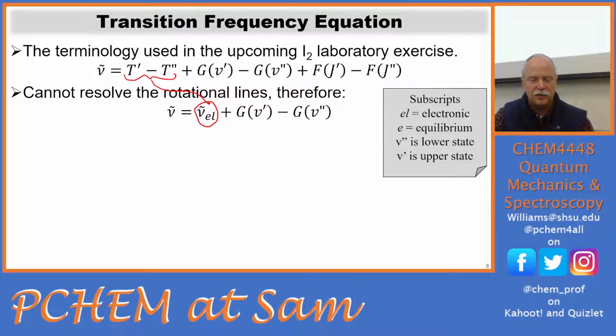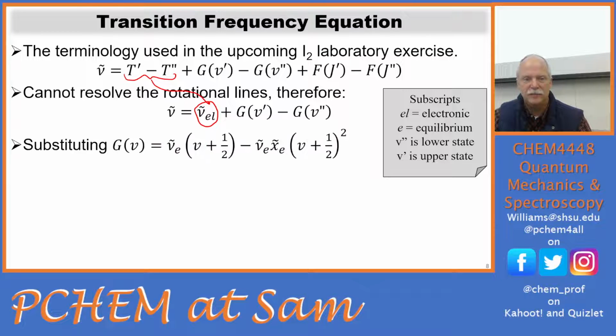Okay, so that's the difference between the electronic transitions, and then we just have those vibrational states, the G of V's. So substituting in the energy equation for vibration, we have the anharmonicity constant here. And we're going to include anharmonicity because, again, we have a huge molecule and a very anharmonic surface.